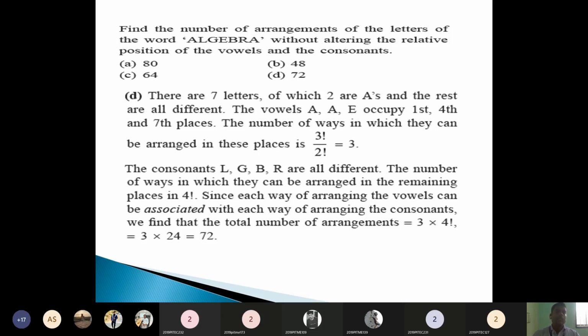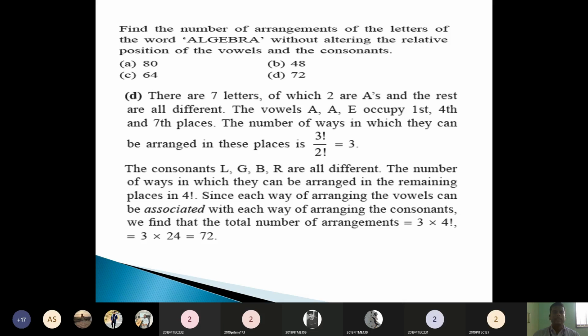Positions 1, 4, 7 compulsorily should be vowels. In the new permutation, the first, fourth and seventh positions should be occupied by vowels. Similarly, the other positions, that means second, third, fifth, sixth, should be occupied by consonants. If you fix the vowels' positions, automatically the consonants' positions are stable.